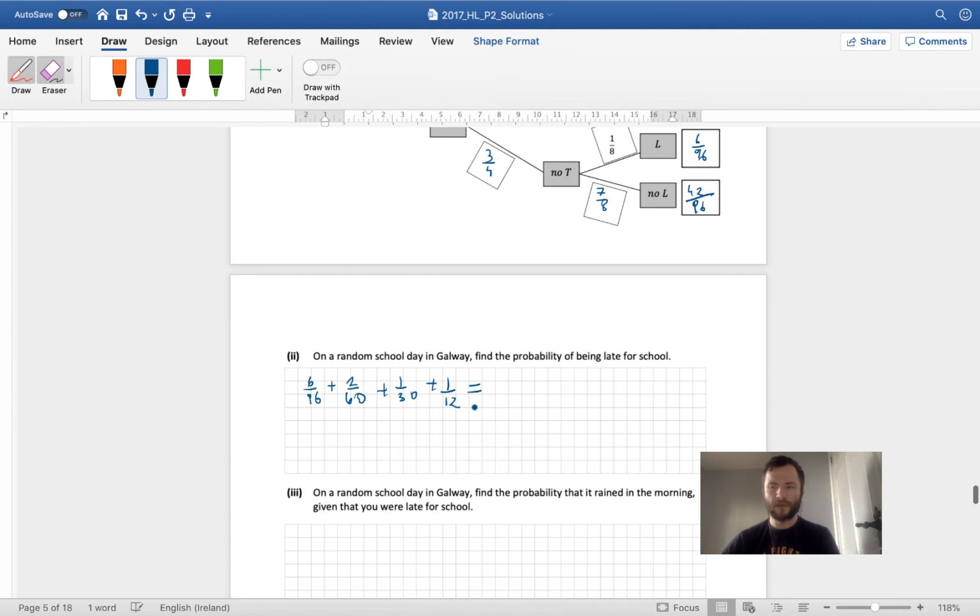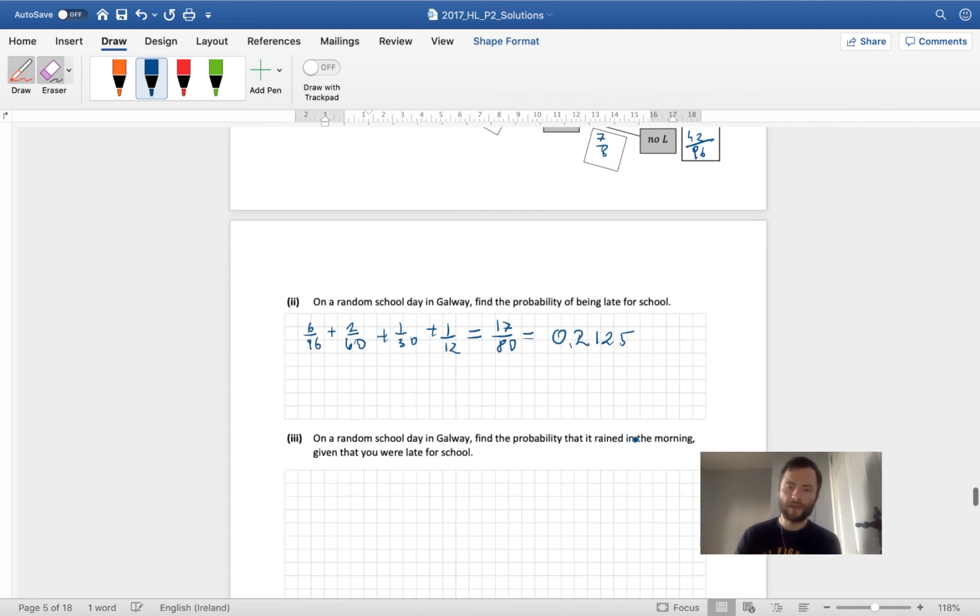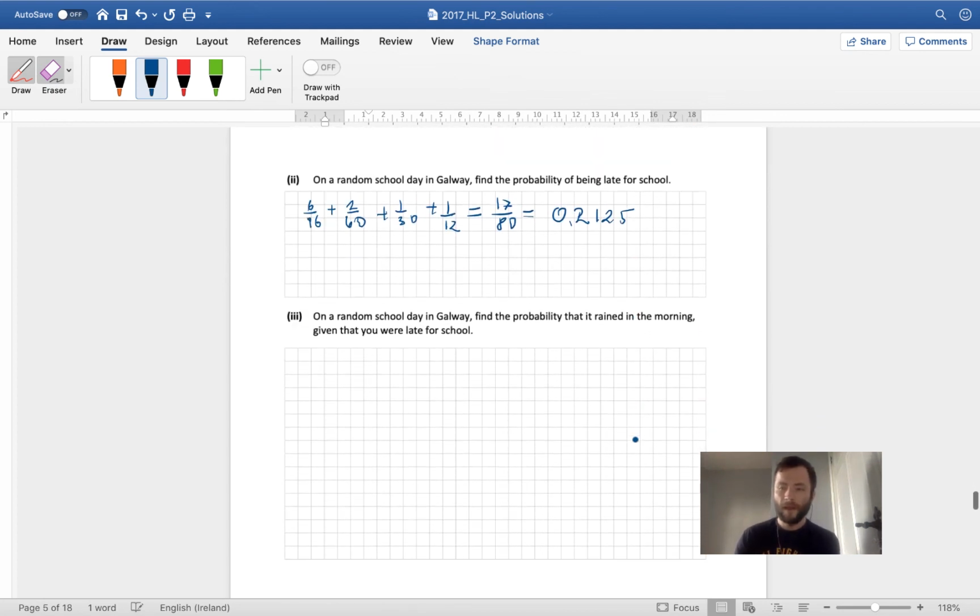Adding those four quantities, we're going to get 17/80, which gives us 0.2125. Almost 21% probability.